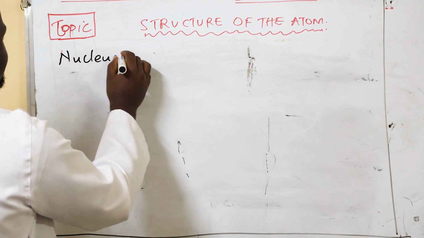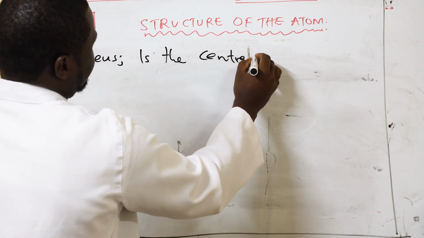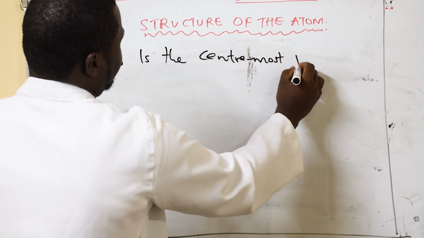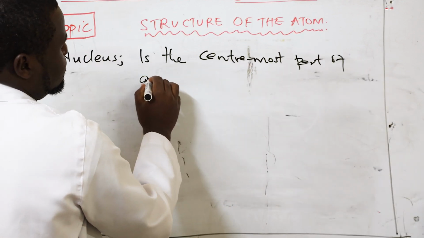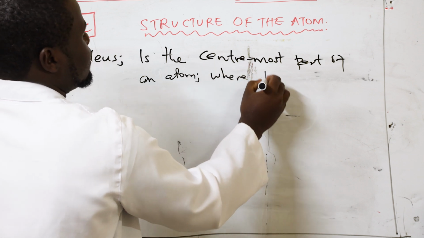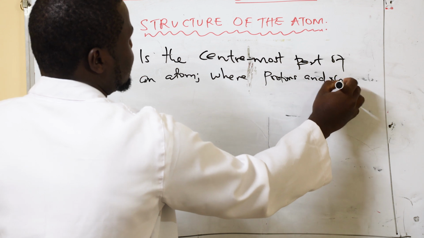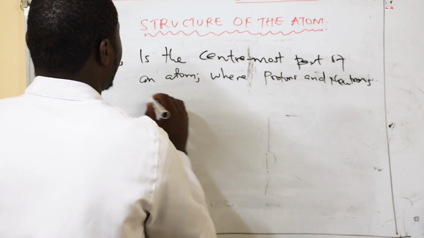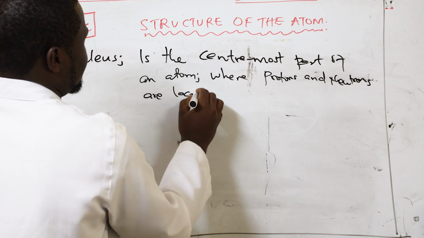Nucleus is the centermost part of an atom, where protons and neutrons are located.